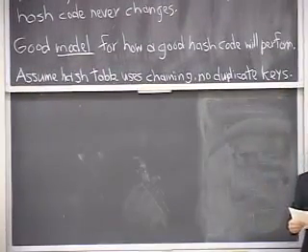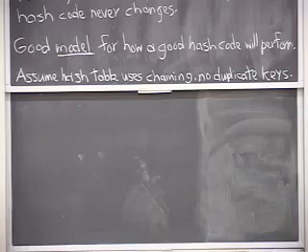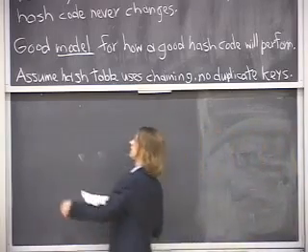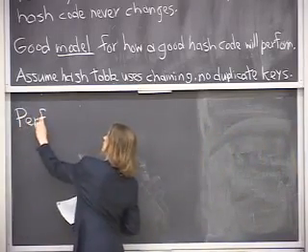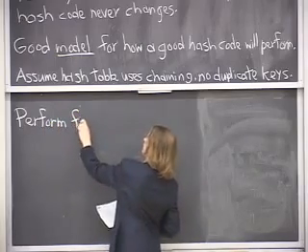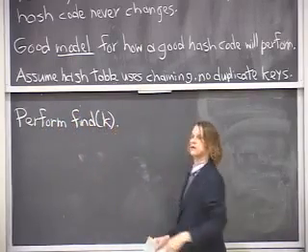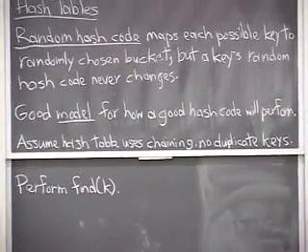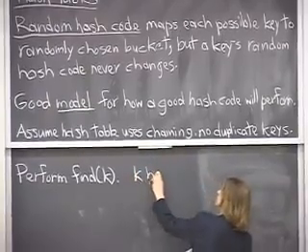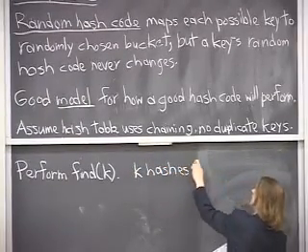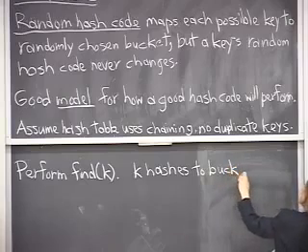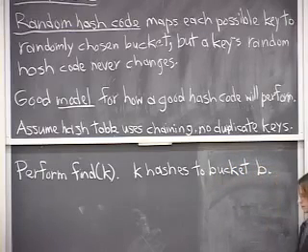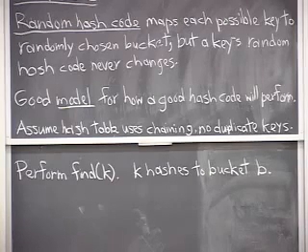All right. So what I want to do is analyze how long it takes if we perform one find operation on a selected key K. How long does that take? Well, K hashes to a bucket, which, just for the sake of giving it a name, I'm going to call B. All right, here's what we've got to do for a find operation.